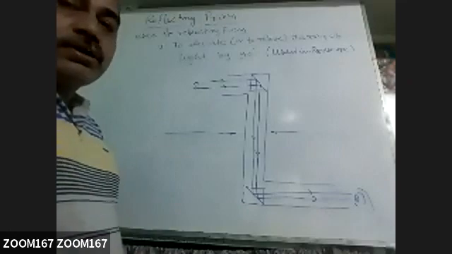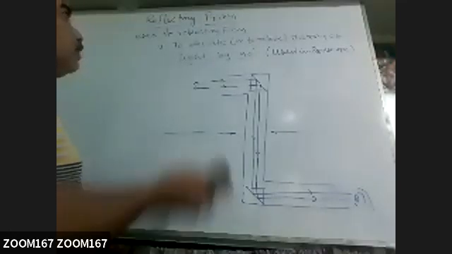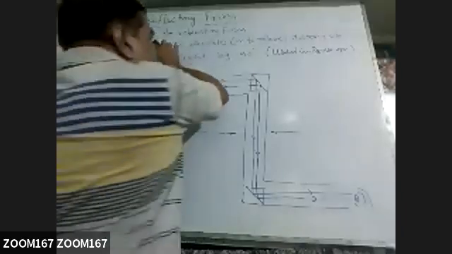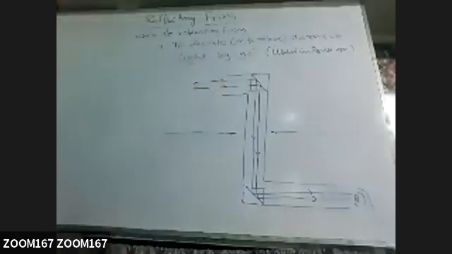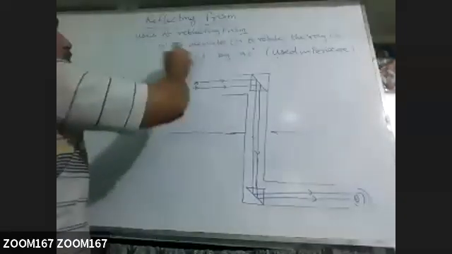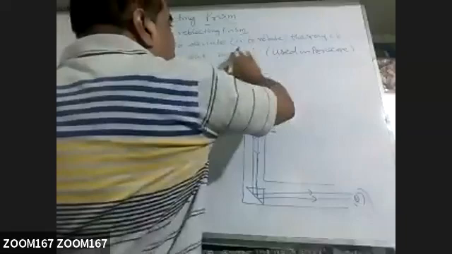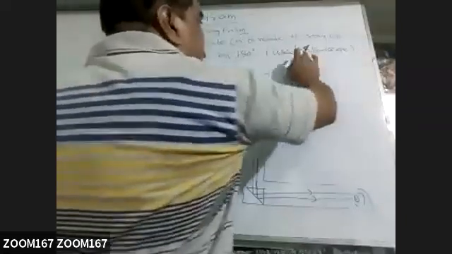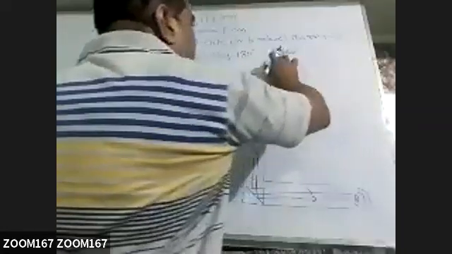So this is 90-degree rotation. Second use is 180-degree rotation. This is used in binocular and camera.